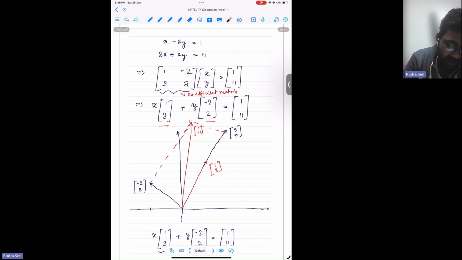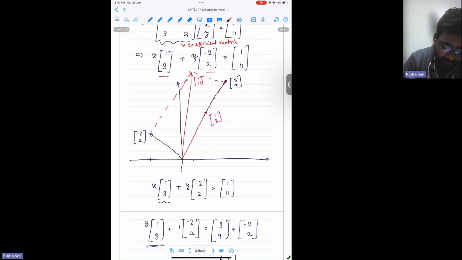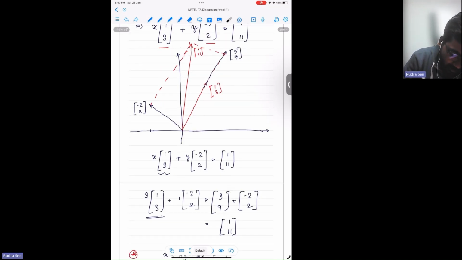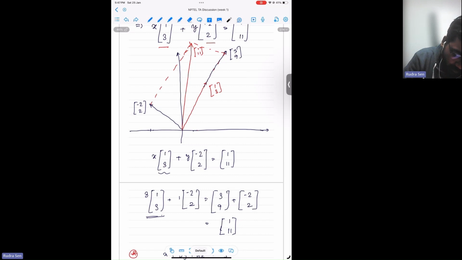So we can write the above equation in this format. In the geometrical approach of the column picture, the vector is minus 2, 2, something like this, and this is 1, 3.